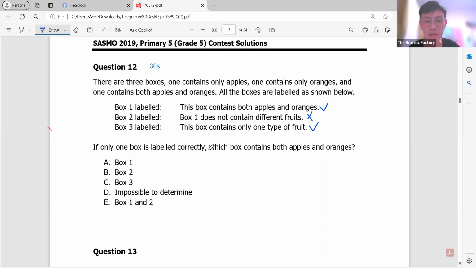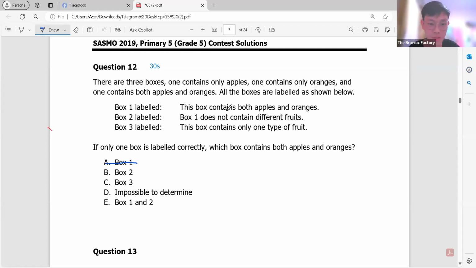So A cannot be our answer, as it's given that only one is correct but we're having two correct. So we cross out A. How about B?